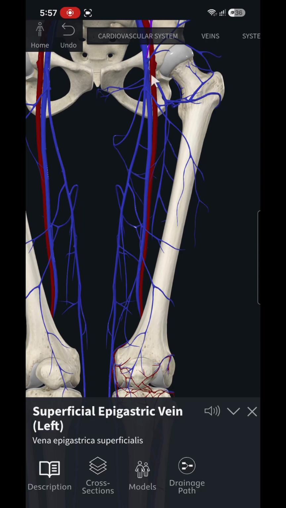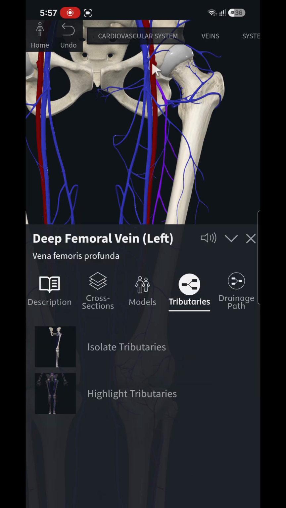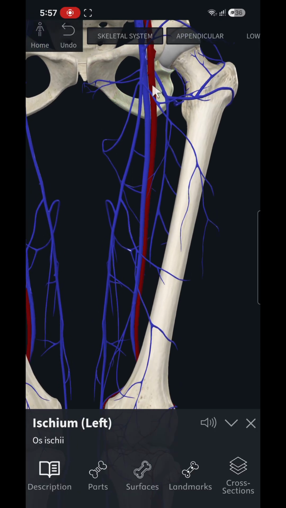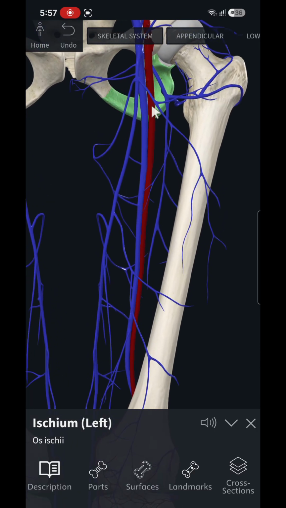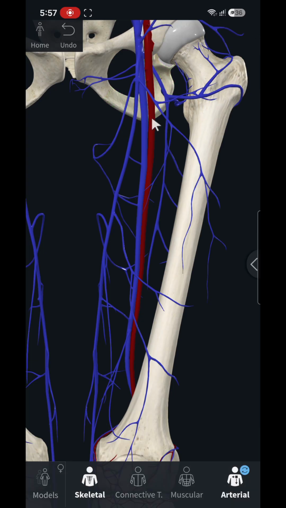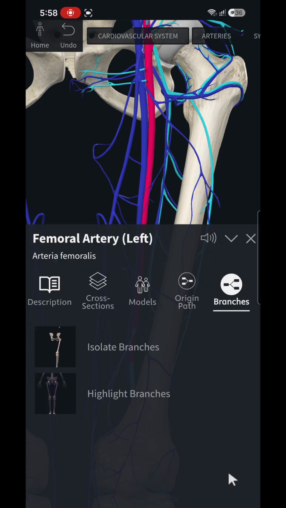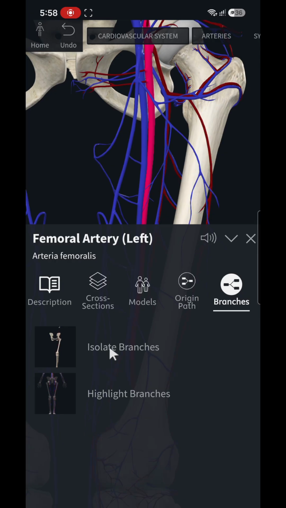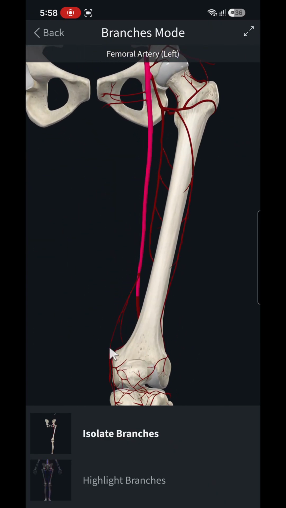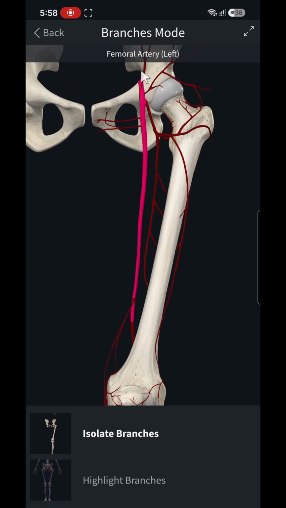So here is the femoral artery. It gives off a lot of branches, but the branches that we'll see in the Doppler are going to be, so these are a lot of small branches, like the superficial circumflex iliac and the superficial epigastric artery and the external pudendals right here.